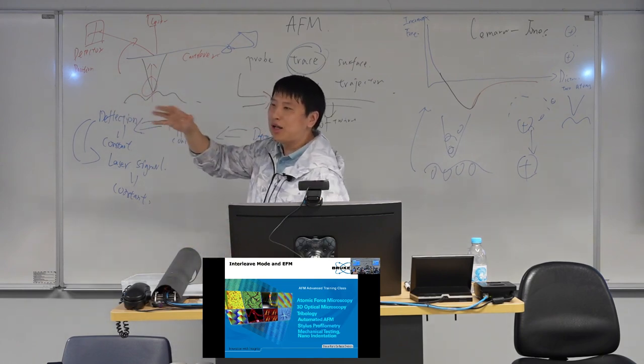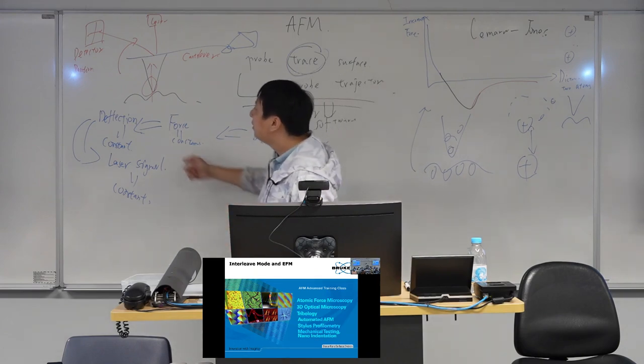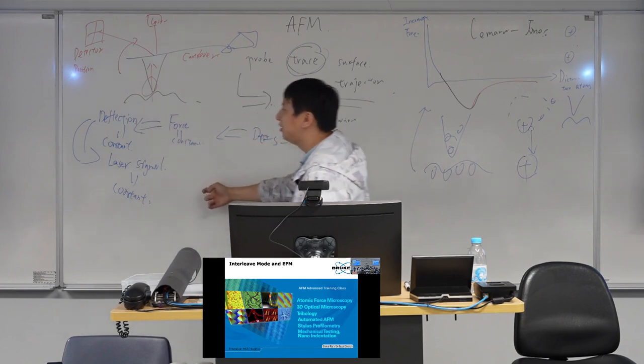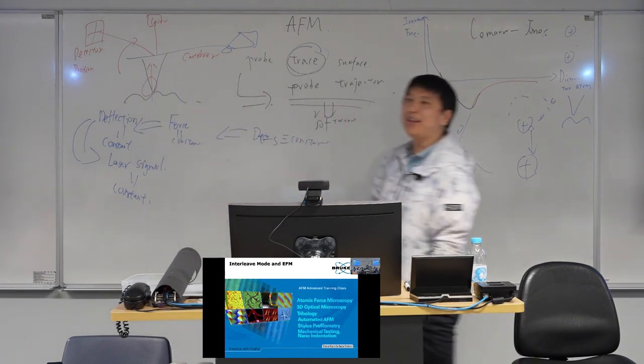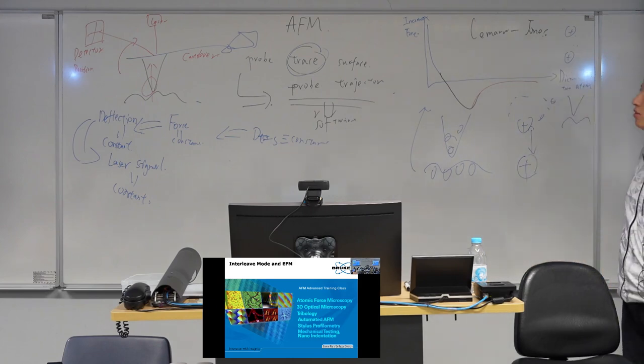And once you are on, the software will ask you to keep this detector signal, which is vertical, as a constant. And that's what we did here. Okay, that's the total idea of our atomic force microscope.